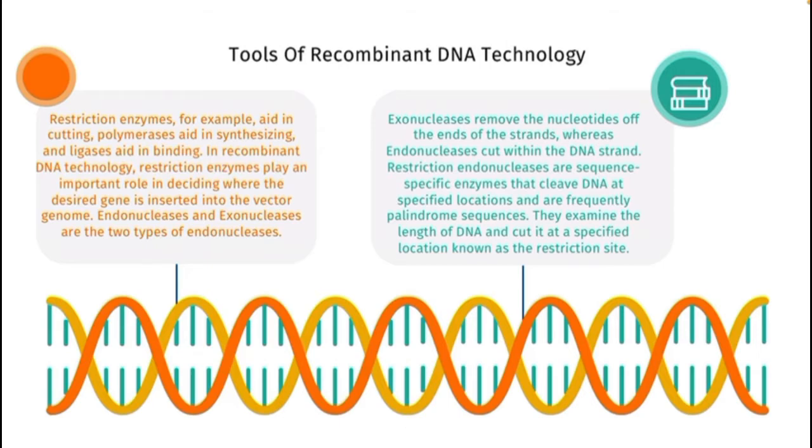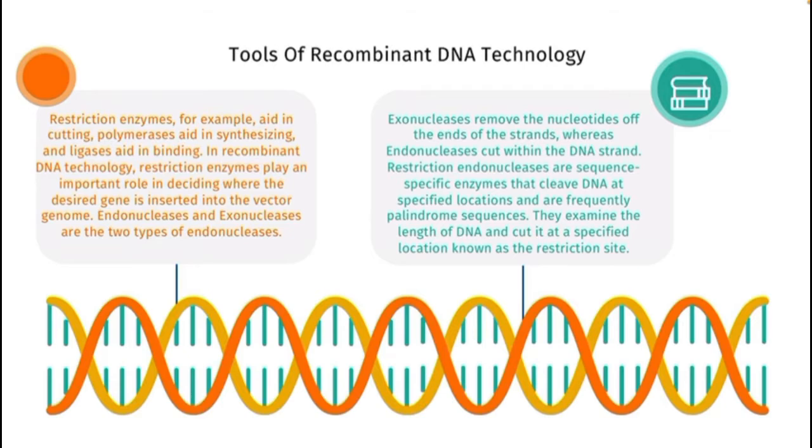The tools of recombinant DNA technology. The enzymes, which include the restriction enzymes that help to cut, the polymerases that synthesize, and the ligase that binds. The restriction enzymes used in recombinant DNA technology play a major role in determining the location at which the desired gene is inserted into the vector genome. There are two types, namely endonucleases and exonucleases.